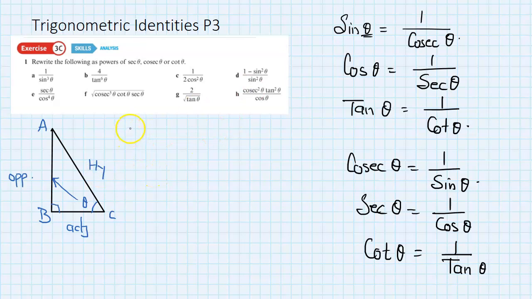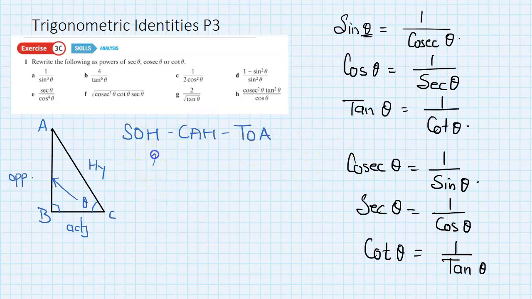Hope you remember the formula that we used to remember this: SOH CAH TOA.